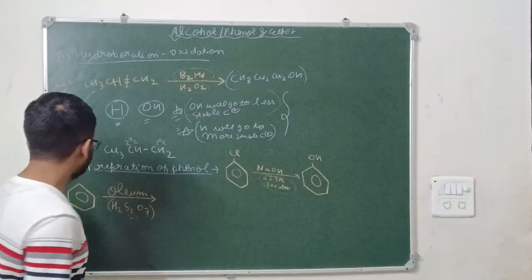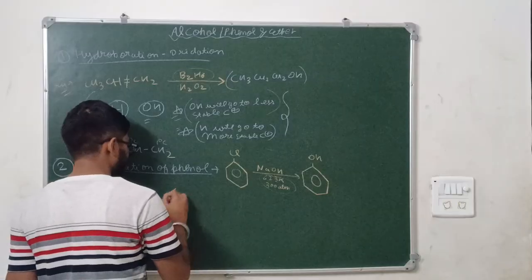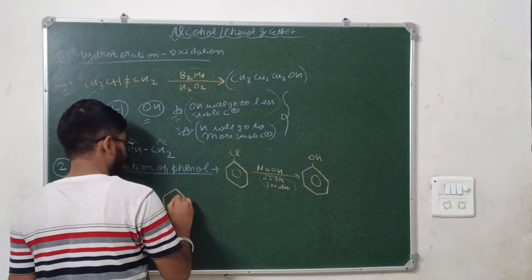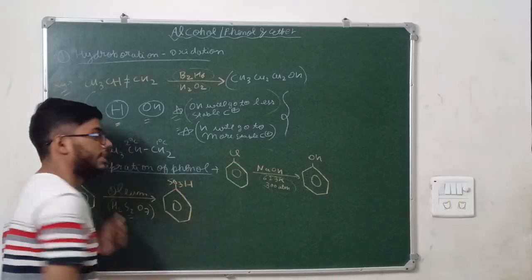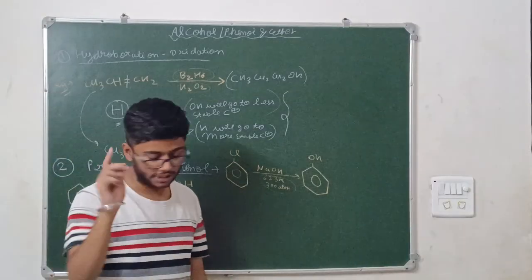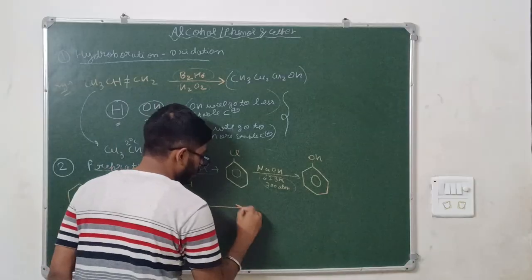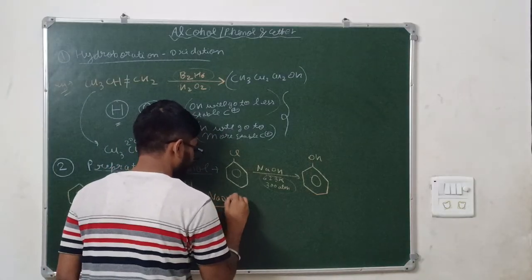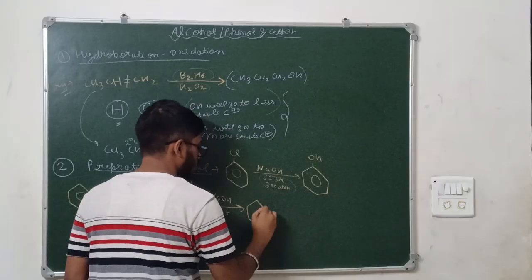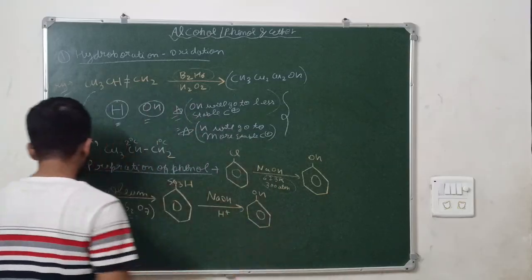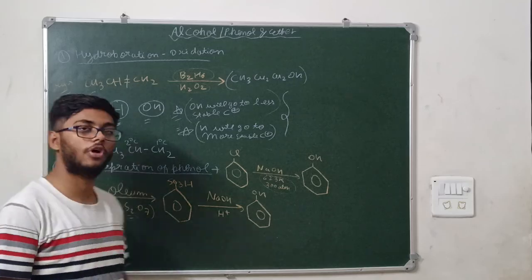This is reacted with benzene, so it forms benzene sulfonic acid, with SO3H. Then you add NaOH, sodium hydroxide, and H plus to it. You will get phenol. This is the second method of preparation of phenol.